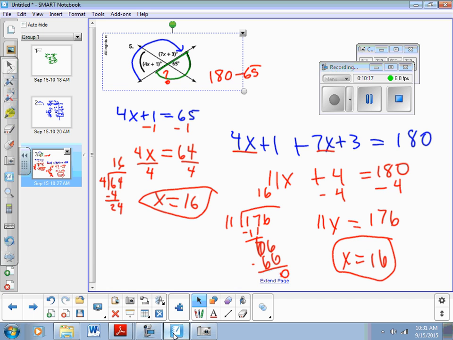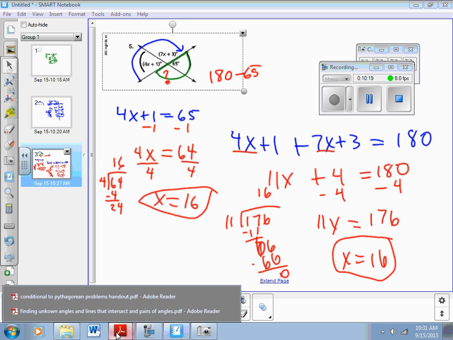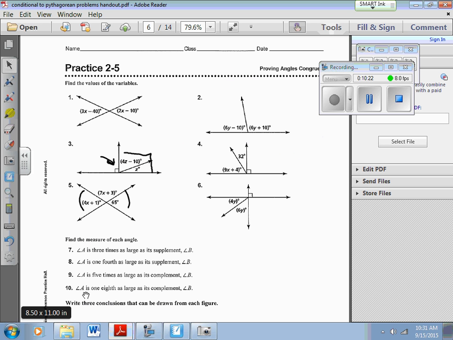But remember, the directions are saying find the value of the variable. Please make sure you guys are reading the directions of the problem so that you don't have to do anything else other than find the value of the variable. And number 6 is just like numbers 3 and 4.